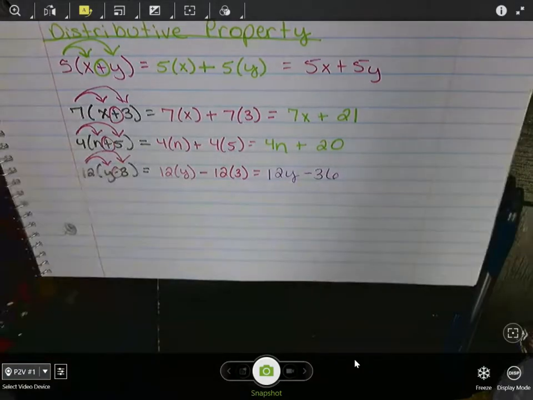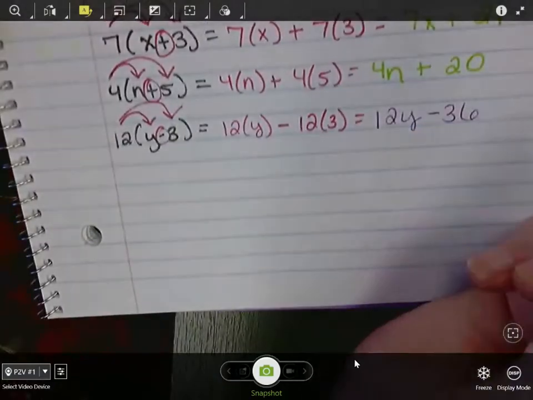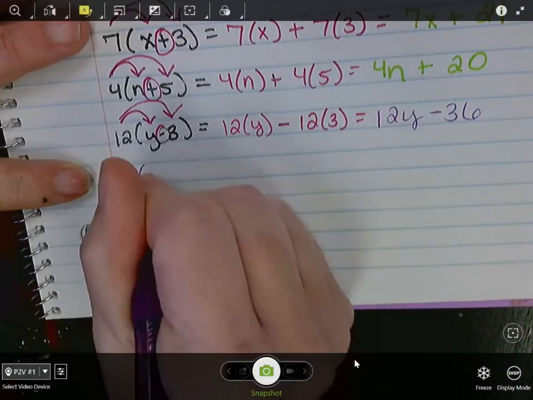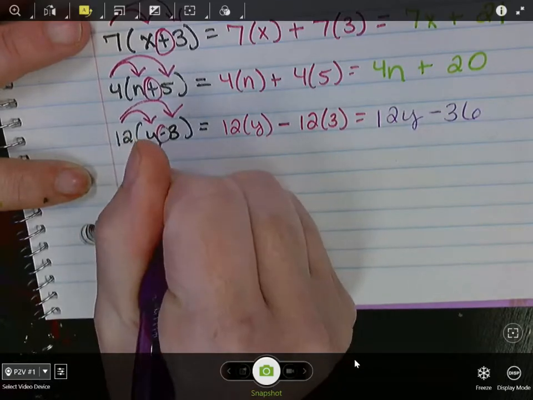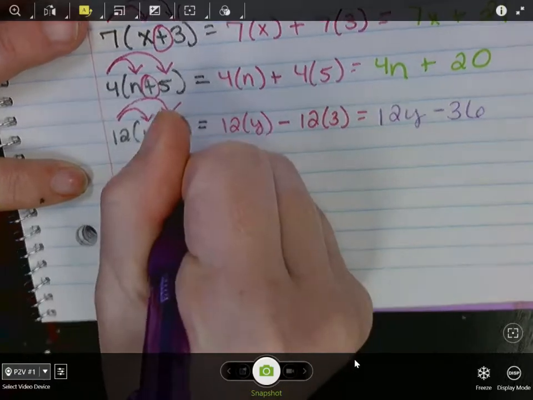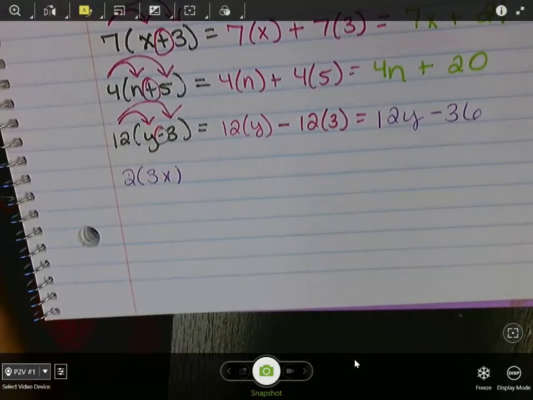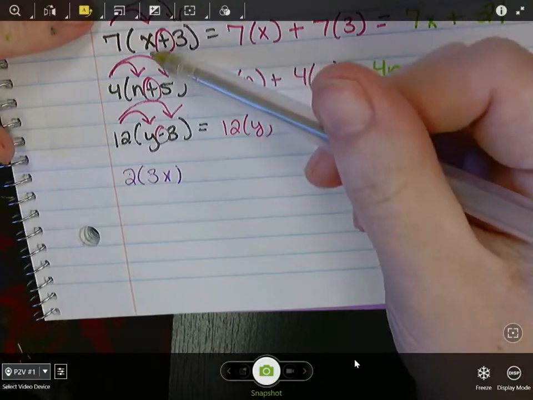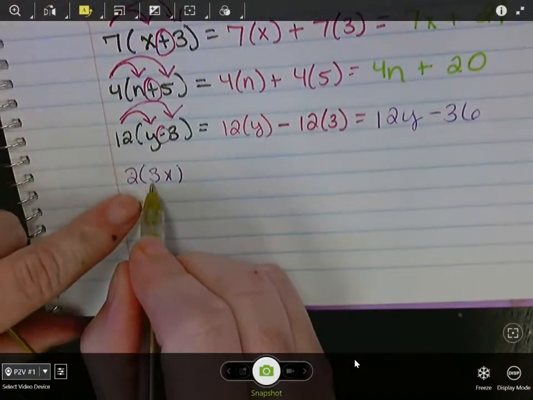Next thing, or another example. This one, we're going to do 2 times 3x. Now this one's a little bit more complicated. And the reason for that is all of these variables up here all had a coefficient of 1. This one has a coefficient of 3.